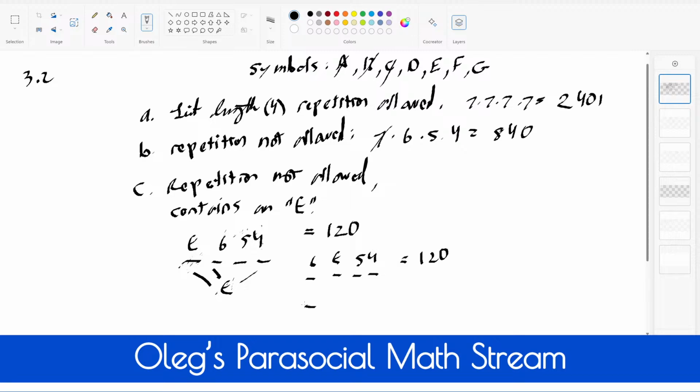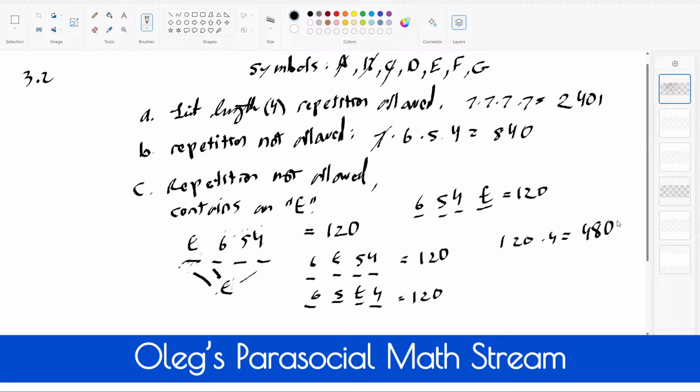This is a different type, see? 6, 5, E, 4, which equals 120, and then 6, 5, 4, and E. The reason I'm starting with 6 and not 7 is because of that E, we can't have that repetition, so that automatically takes it out. Here's what's different about this set: because these are different types of sets, it's not just the 120, it's all of those 120s, so it's times 4. That's going to be 480.